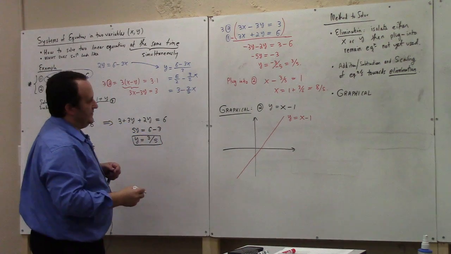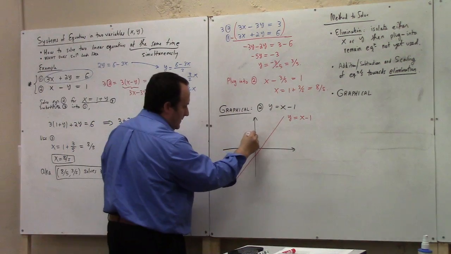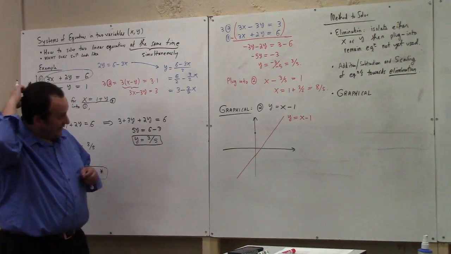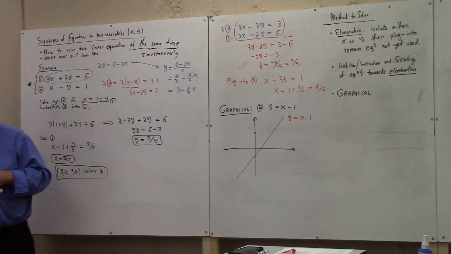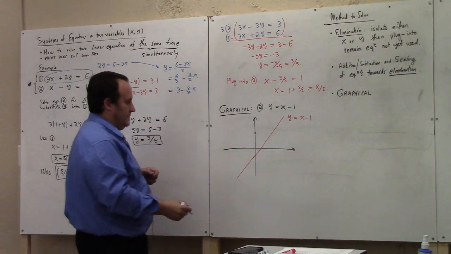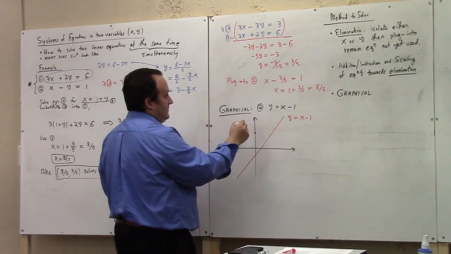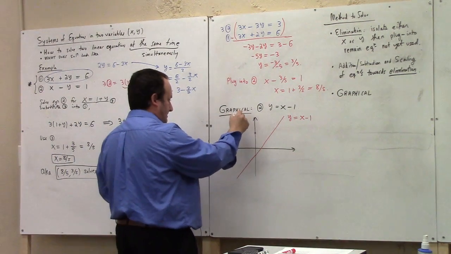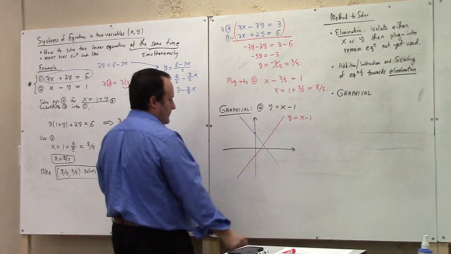So the y-intercept is 3, and the slope is minus 3 halves, right? That's sort of something like, roughly speaking.